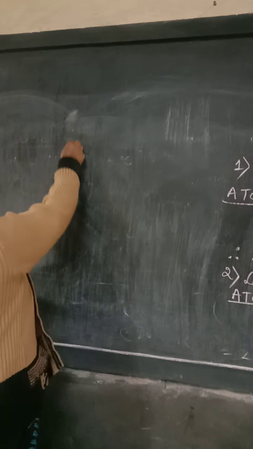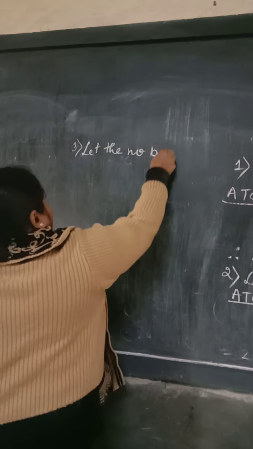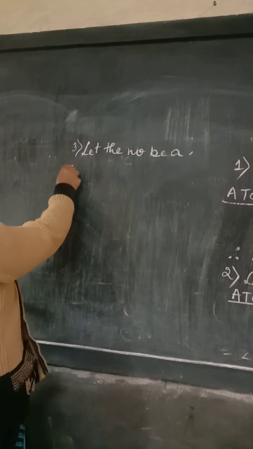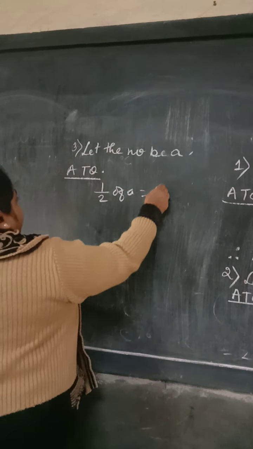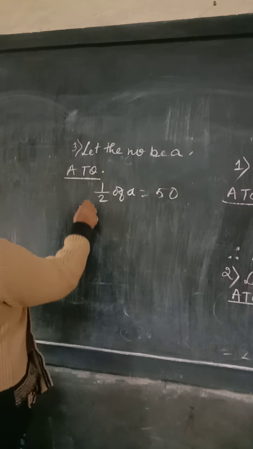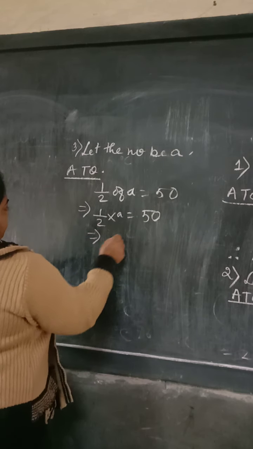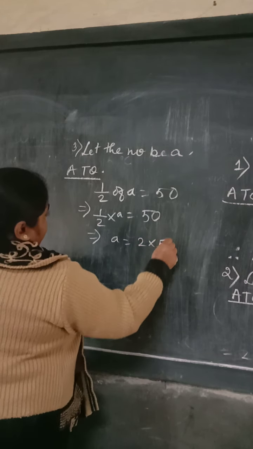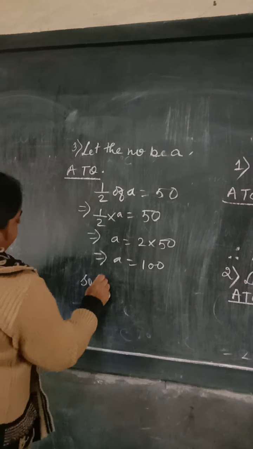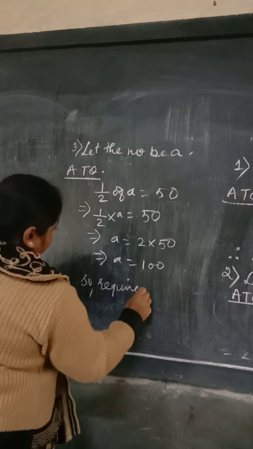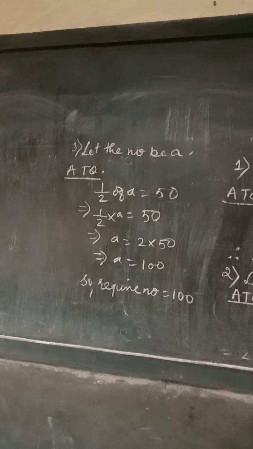Let the number be A. According to the question, 1 by 2 of A is equal to 50, or 1 by 2 into A is equal to 50, or A is equal to 2 into 50, or A is equal to 100. So the required number is 100.